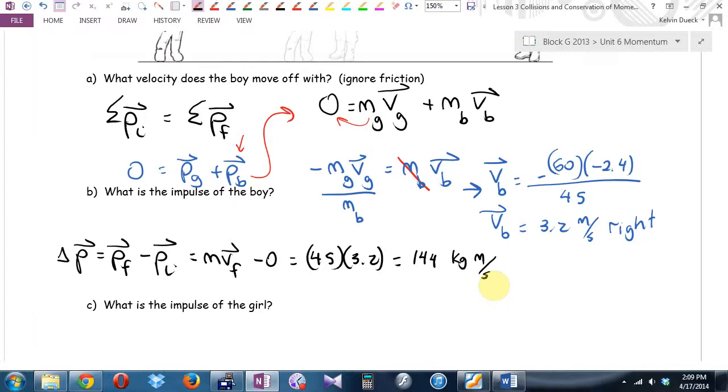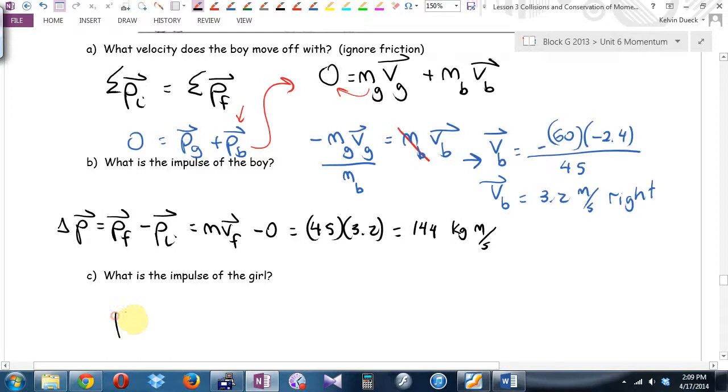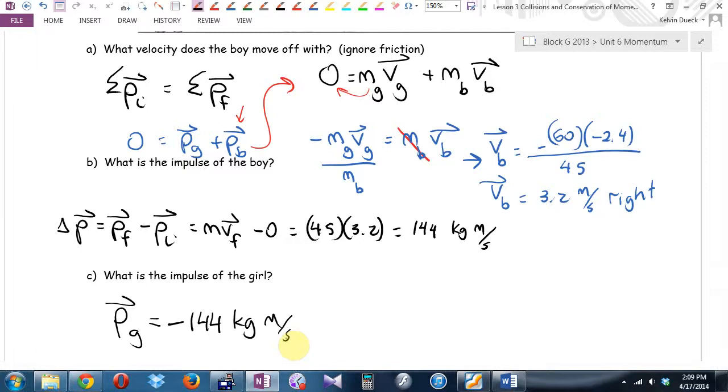But if the boy gained 144 kilogram meters per second, what can you say? Or instead of negative and positive, you could say for the boy to the right and for the girl to the left. But she lost momentum. That's why we are able to start with 0 and still end with 0.